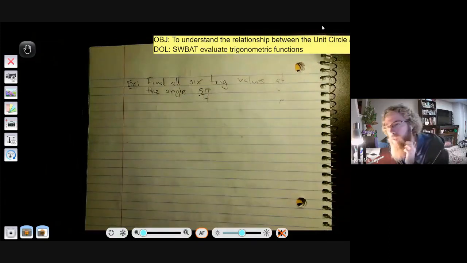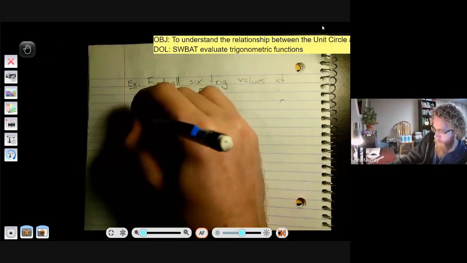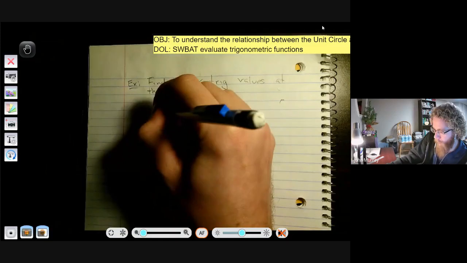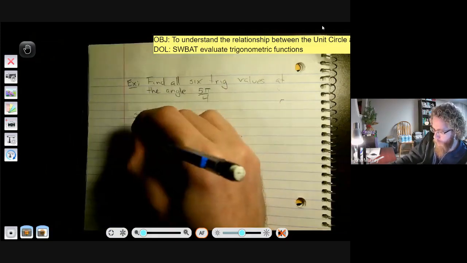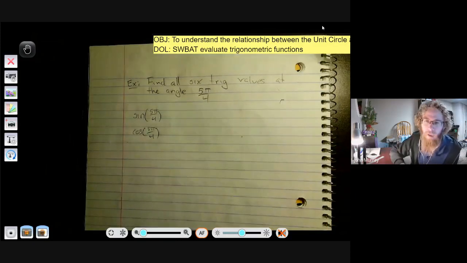All right, so we're going to find all 6 trig values of the angle 5 pi over 4. I want to know what is sine of 5 pi over 4, what is cosine of 5 pi over 4, and then from there, we can figure out the rest.